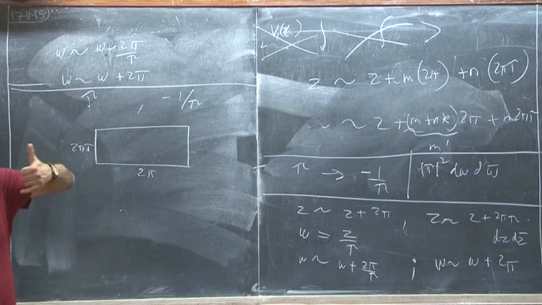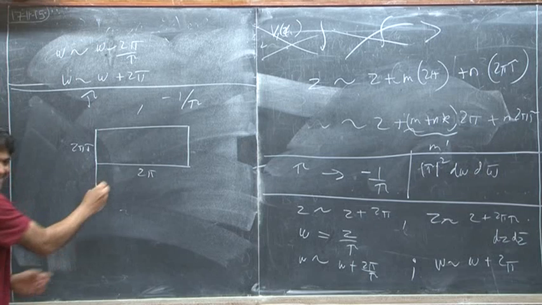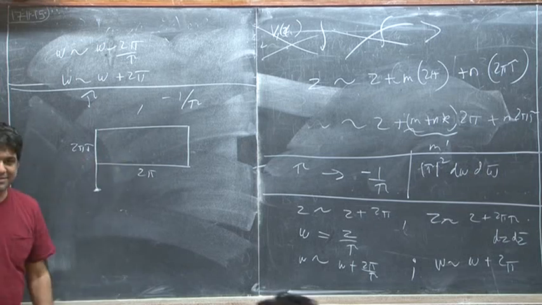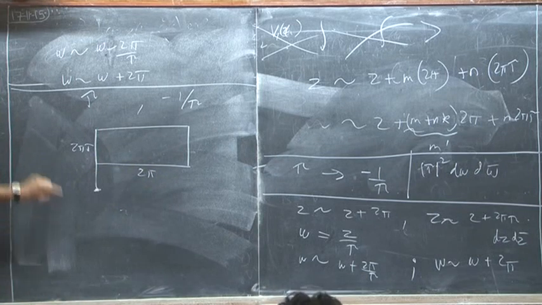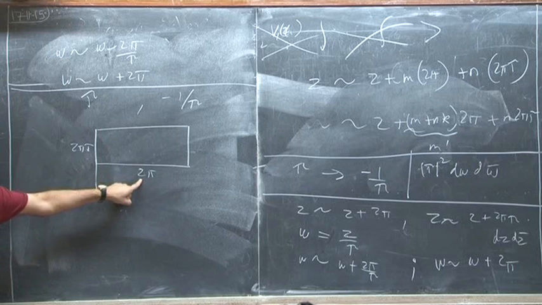If we want to continue to have a right-handed system, we should take this as the x-axis and this as the y-axis. So look at it this way: x, y. Now blow this up so this has length 2 pi. What will this have as length then? 2 pi by tau. Okay, and then there's some sign.